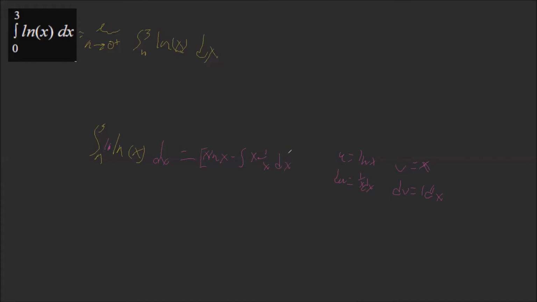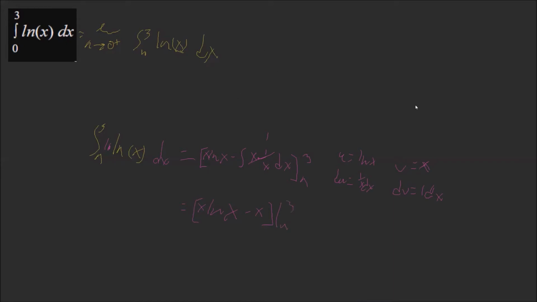And we, of course, have to take this from n to 3. And so we can simplify this a bit by saying we have x natural log x. Now this over here, the integrand is equal to 1, and the integral of 1 is x. So we end up with x natural log x minus x from n to 3.